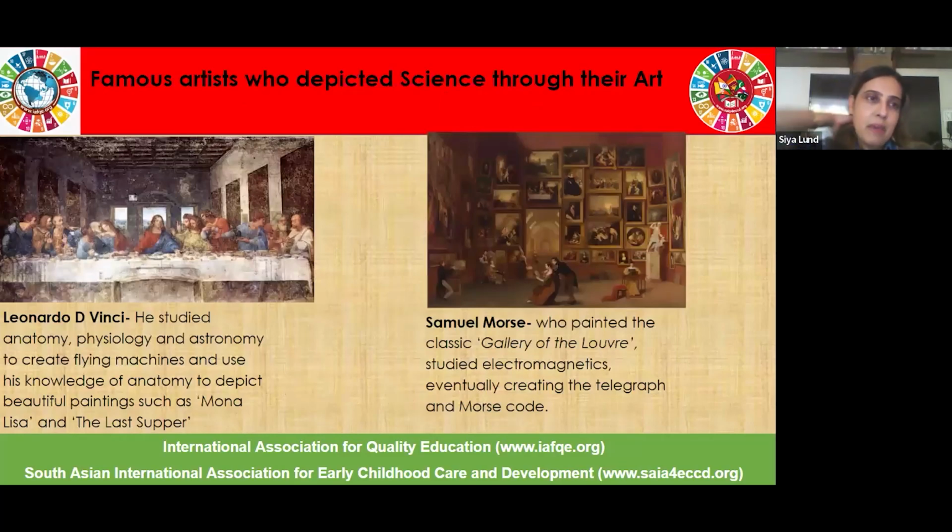So some famous artists who depicted a lot of science through their art were actually explorers themselves. And it is really very interesting to note that some very famous artists were scientists by background, but they developed more artistic skills, and they realized the potential of their art within themselves and decided to pursue art instead of exploration. But a lot of the science knowledge they had is evident through their art.